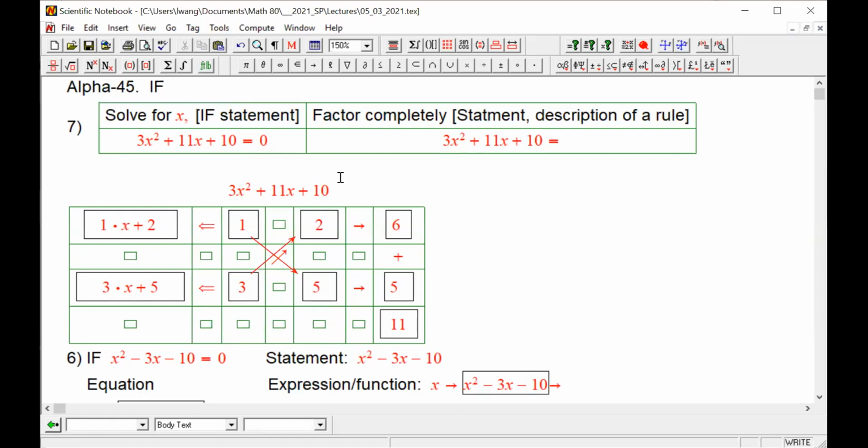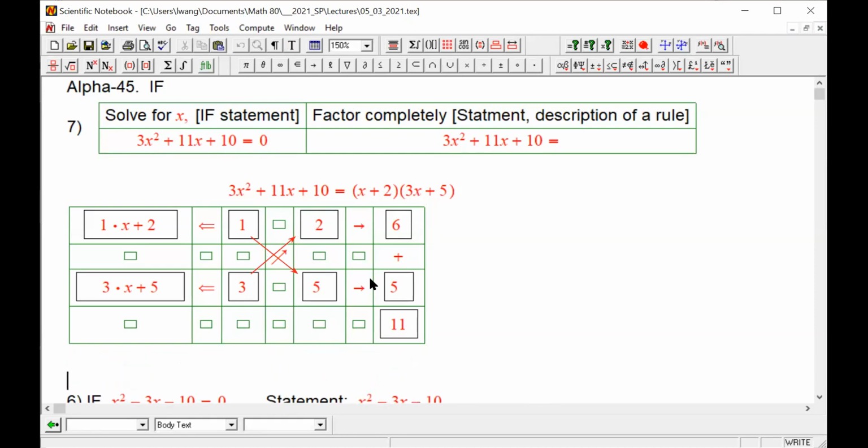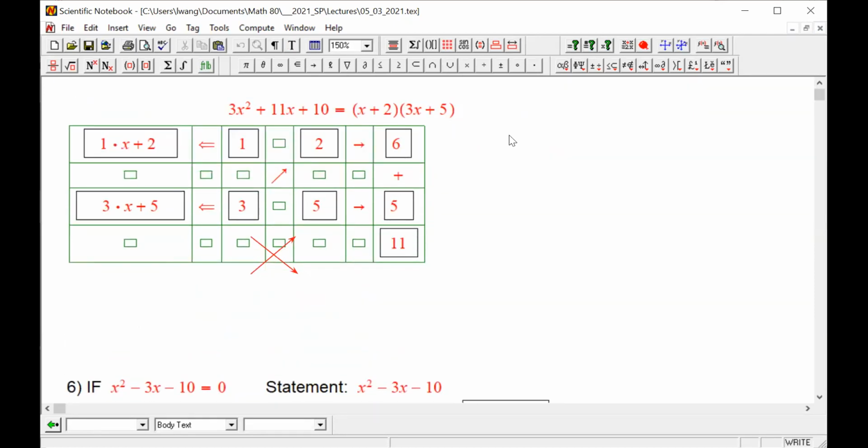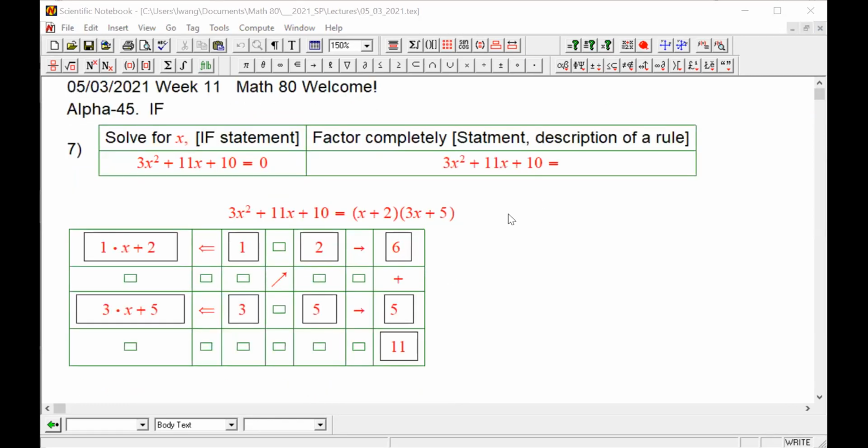So we can put those factors in place, and you get x plus 2 times 3x plus 5. And of course, we're going to check it. To be on the safe side, we should always check our work if you have time. So don't forget to check your work.